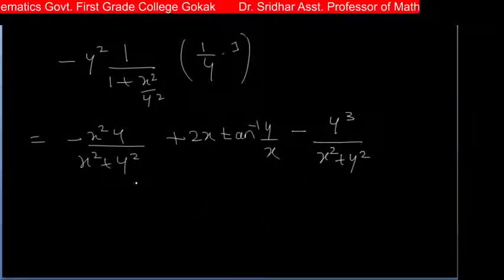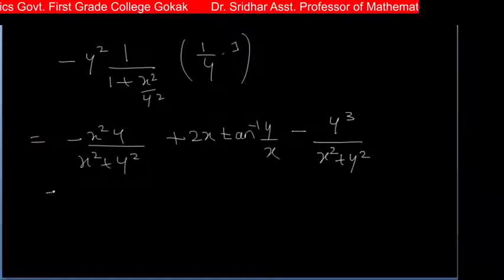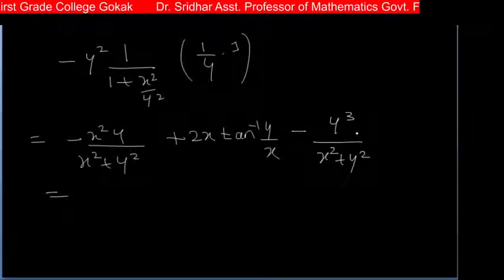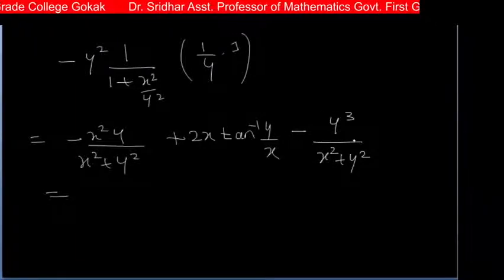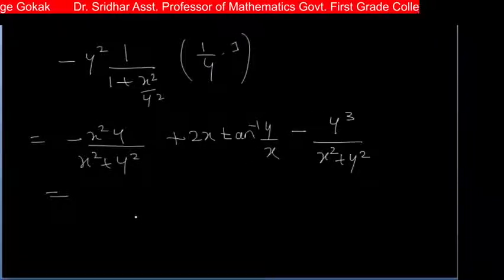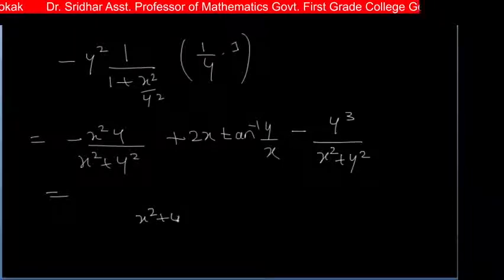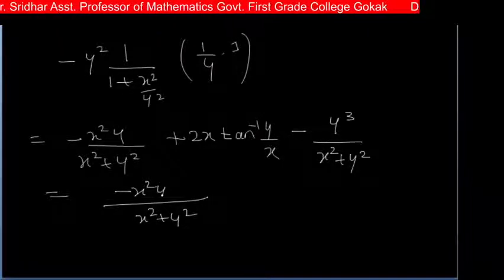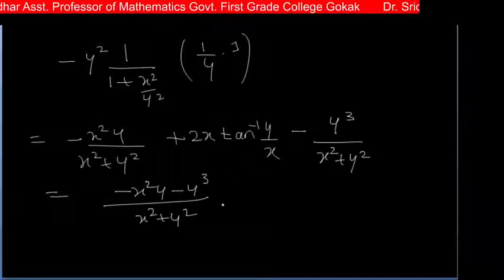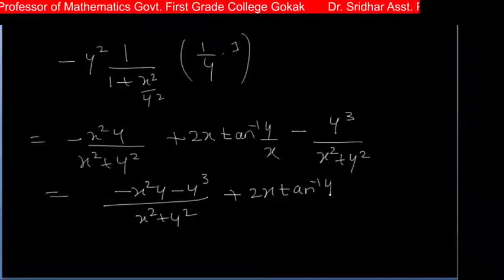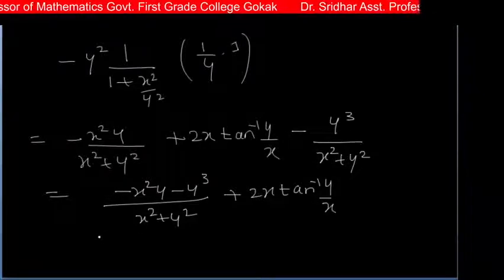So this is equal to, now collecting the terms with similar terms. In both the terms, x square plus y square is the LCM, and it gives minus x square y, then minus y cube, then this term 2x tan inverse of y by x.